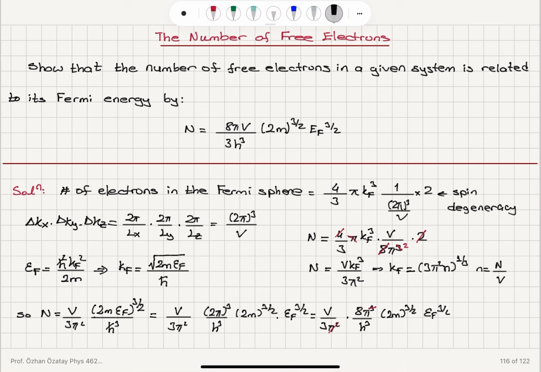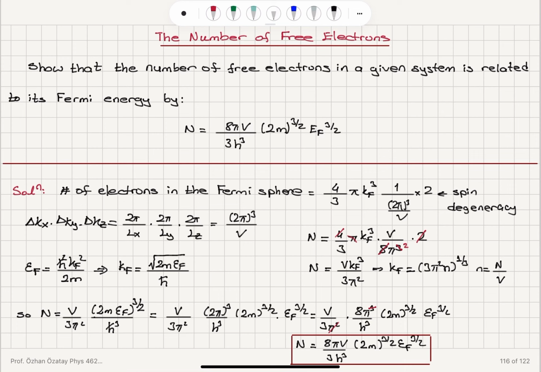So finally we will see that the number of electrons is 8 pi V divided by 3h cube, 2m to the power 3 over 2, Fermi energy to the power 3 over 2. So this is basically what we were asked to show. The number of electrons in a given system is related to its energy by this relationship.